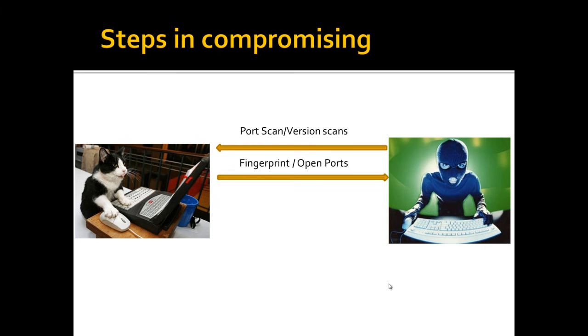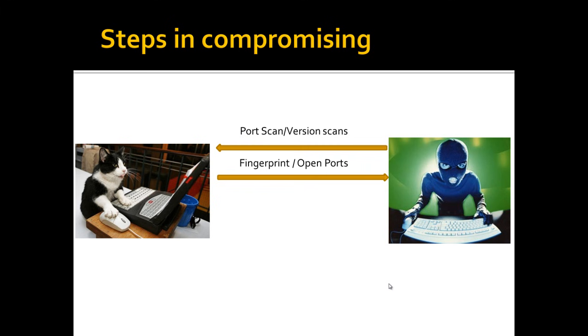And then once that's done, we would get a report of what the open ports are and the fingerprints, like the versions of what's running behind those ports. And once we do have that information, we can research those services and versions and find whether there are any known exploits. We can search the Metasploit database to see if there's any exploits there.